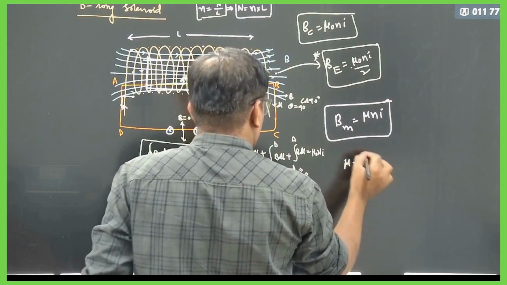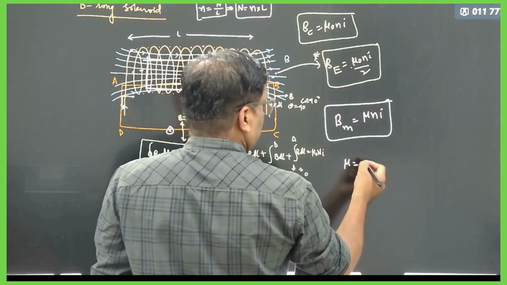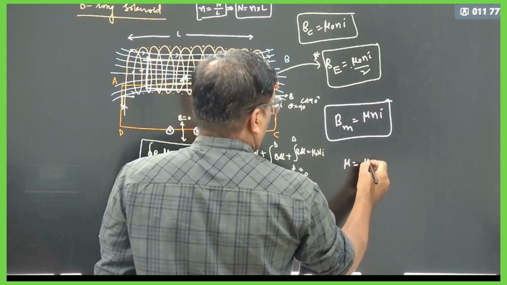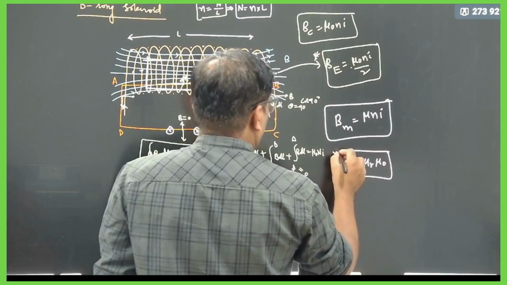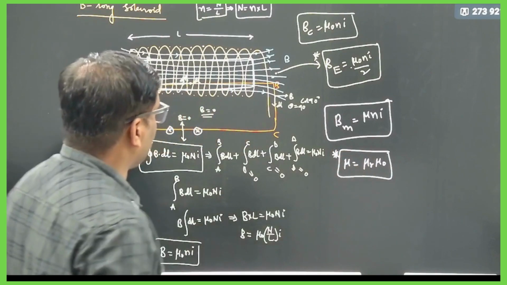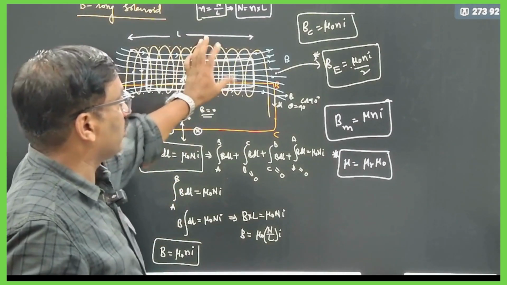We can rewrite mu as mu r into mu naught, the magnetic permeability of that medium. You have to write it like this.